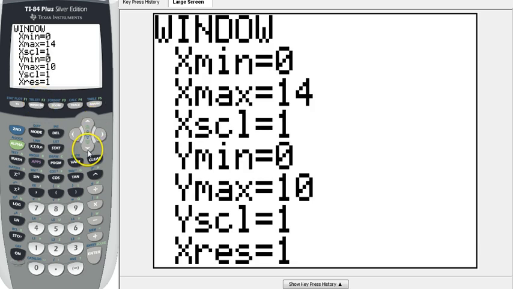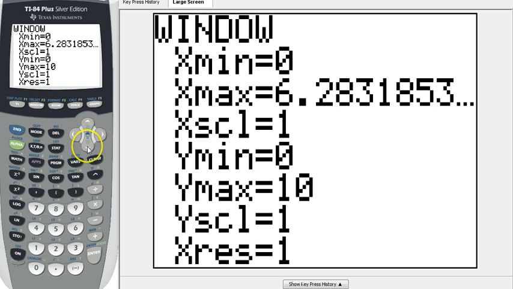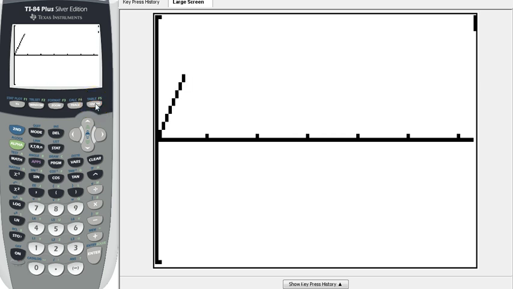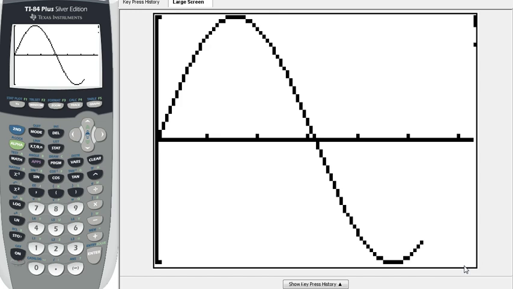We know our x min, we'll say, is 0. We want to graph one cycle. X max is 2 pi. So I want to look at one period of this. The scale could be 1, it doesn't matter. Y min is -1, and y max is 1. So if we graph this, we should see just one sine curve. And sure enough, we have a perfect sine curve here.